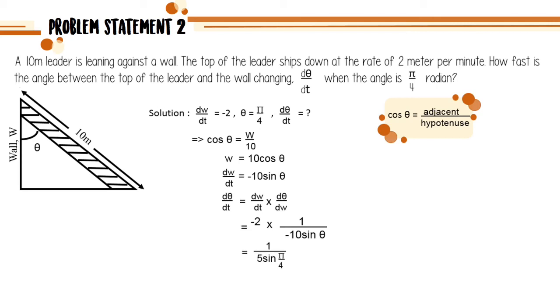Then we simplify the equation by multiplying them, then we can get 1 over 5 sin pi over 4. So the answer will be 0.283 radian per minute. So that's all from me for problem statement 2.